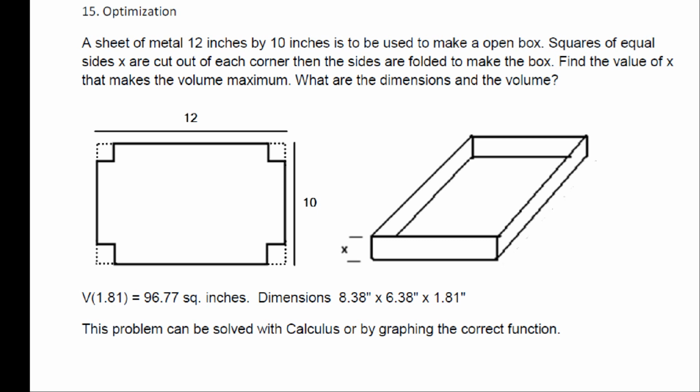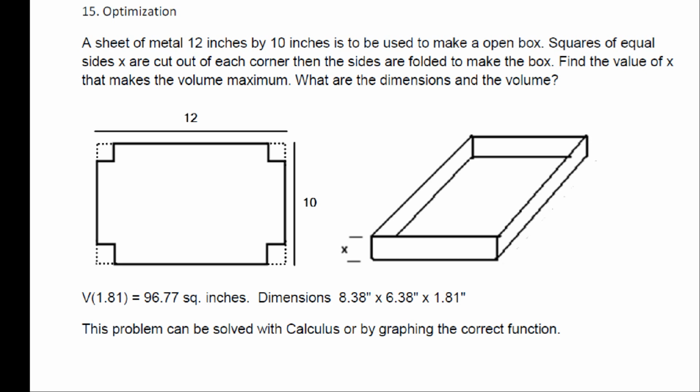Now we have an optimization problem here. You have seen us do a similar problem like this. We have a sheet of metal 12 inches by 10 inches long. We're going to make an open box by cutting out x in each corner.